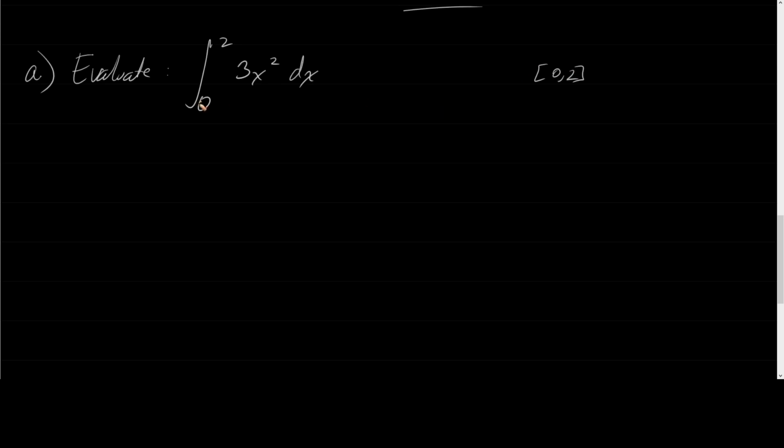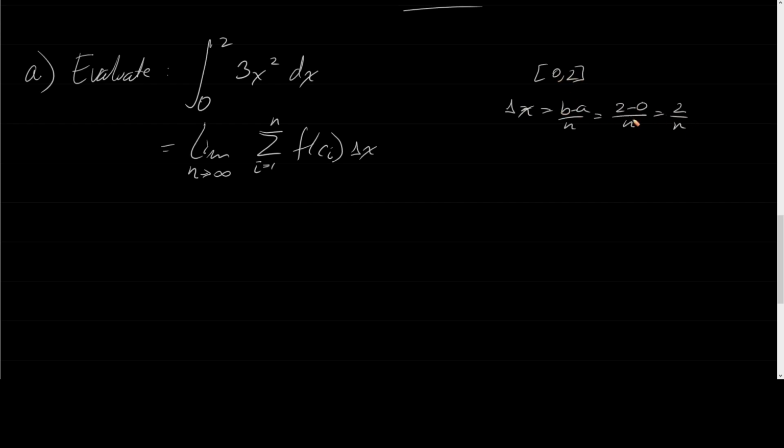So what is it that we need? Remember that this integral is supposed to be the limit as n goes to infinity of a Riemann sum from i equals 1 to n of f of c sub i delta x. So delta x we already know to be (b minus a) over n. In this case, that's (2 minus 0) over n, so that's just 2 over n.